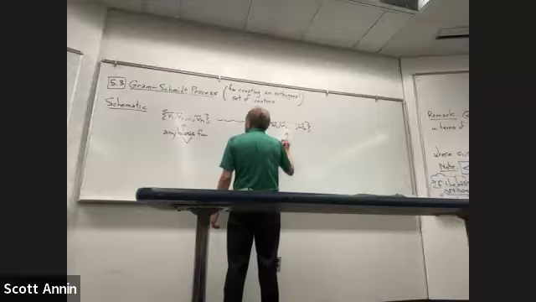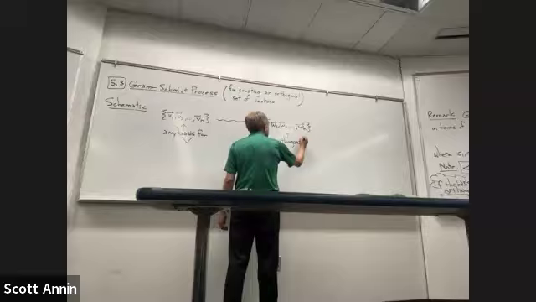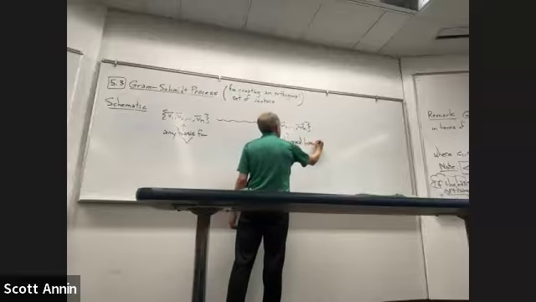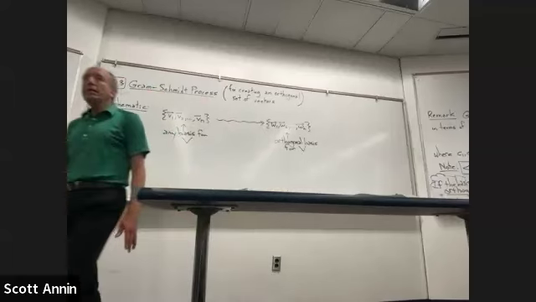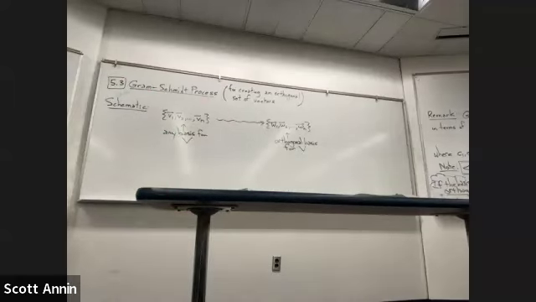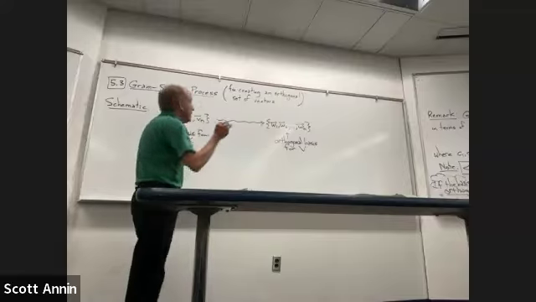And this is going to be an orthogonal basis for V. I'm going to replace the V's with the W's, and in so doing, we will create an orthogonal basis for V.